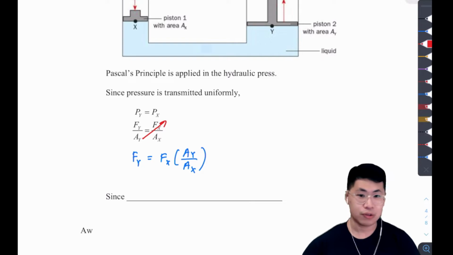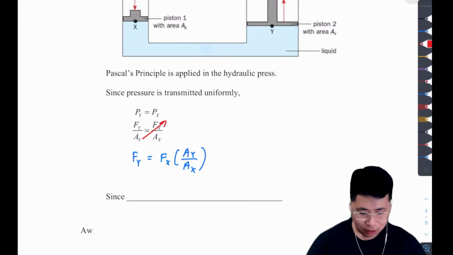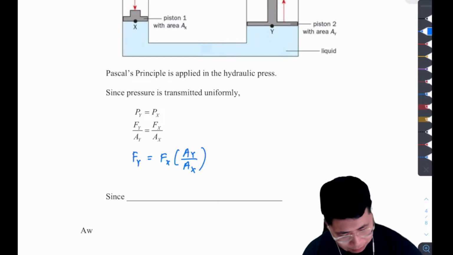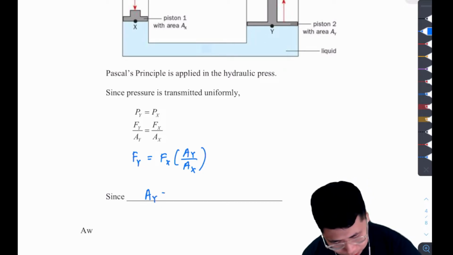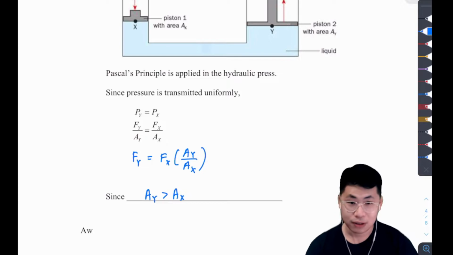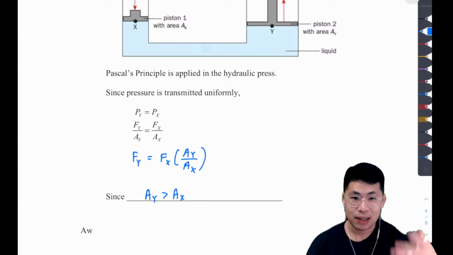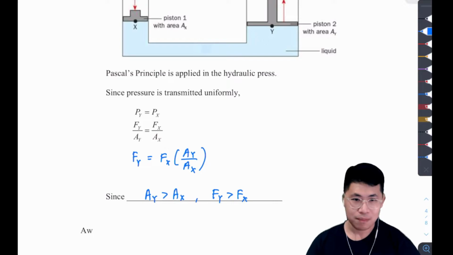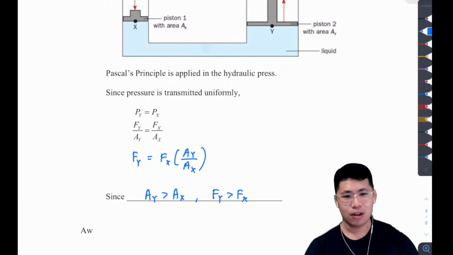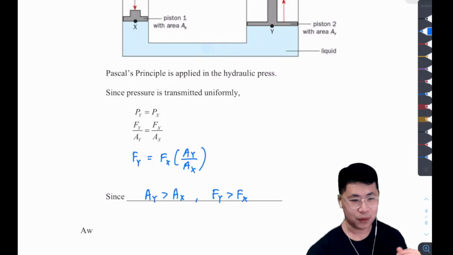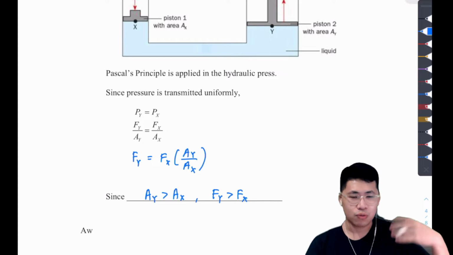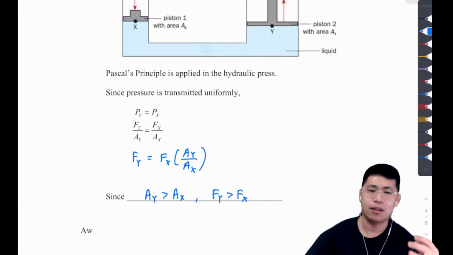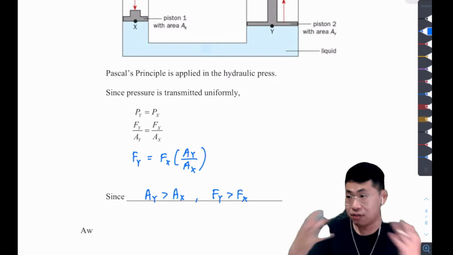Now, since the area at y is bigger than the area at x, you get 1 point something of Fx. So because of that, the force at y is going to be bigger than the force at x. This would be the first immediate application of the Pascal principle: the force at the second piston will be larger than the force at the first piston if the area is bigger.